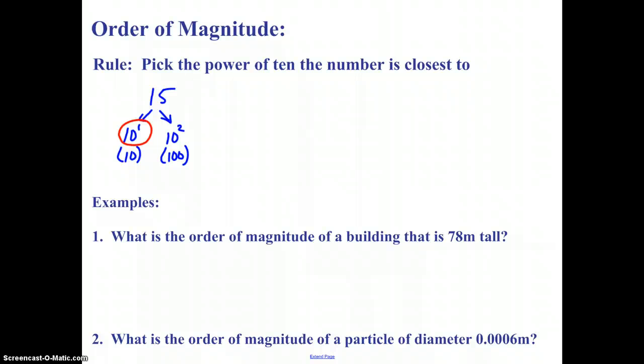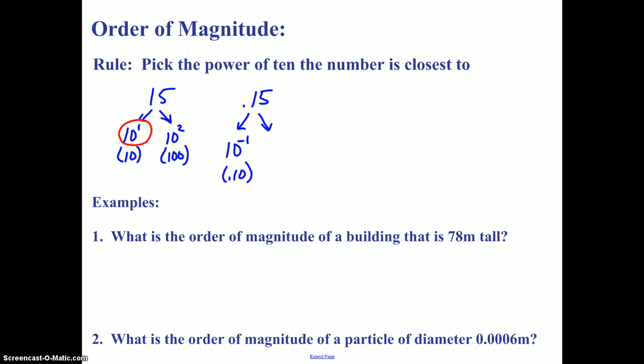Both answers are acceptable. Let's change my jersey number over to a decimal now. What would be 0.15's order of magnitude? These are a little bit trickier. Got to be a little careful when we're doing the decimals because we're dealing with negative exponents. But as the negative number gets larger, the actual number gets smaller. So we got to be careful about that. All right, so between what two powers of 10 is the number 0.15? Well, on the low side, that would be 10 to the negative 1 is the power of 10 just smaller than 0.15, which would be 0.10 or just 0.1.